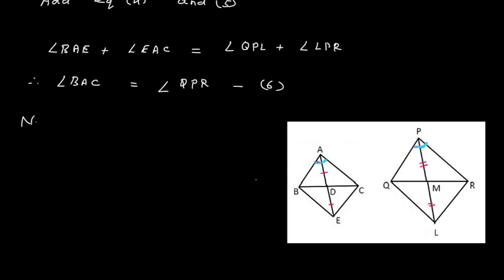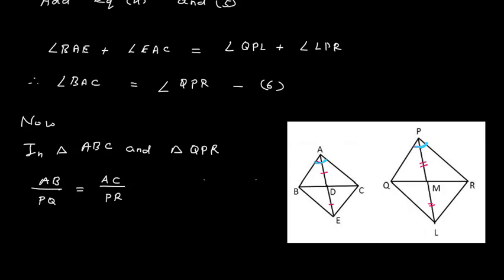Finally, we will take triangle ABC and triangle QPR. In these two triangles you have AB upon PQ is equal to AC upon PR.